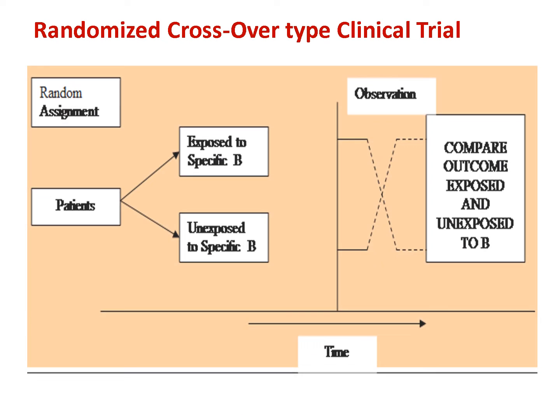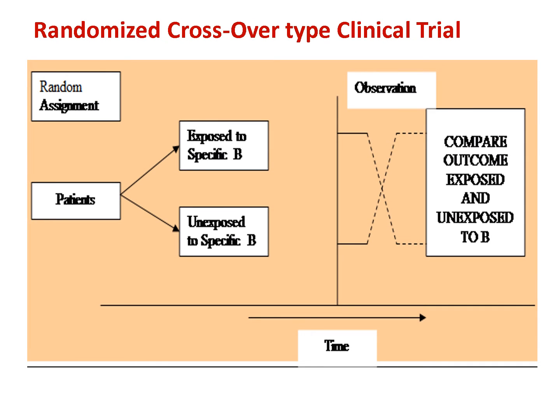I will show you a diagram. In the randomized crossover type clinical trial, patients will be randomly assigned to either experimental group or control group. In the first half of the study period, the experimental group will get the treatment. In the first half of the study period, the placebo group or comparison group will get placebo.